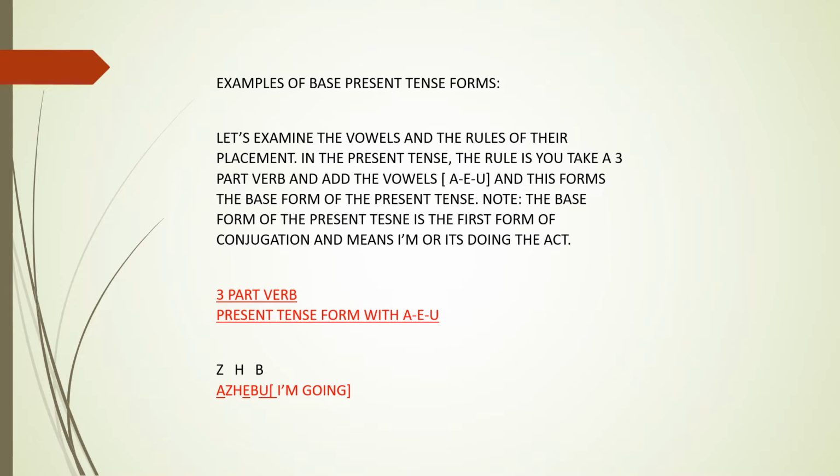So the three-part verb present tense form, the vowels are A, E, U, and we pronounce this A, E, U. Now notice the three-part verb below, right? I have one in black and one in red.